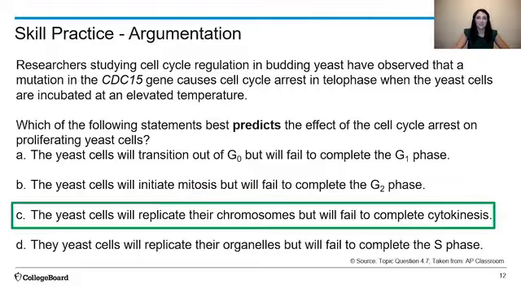And the correct answer choice here is answer choice C. The yeast cells will replicate their chromosomes, but will fail to complete cytokinesis. We know this is correct because replication of chromosomes happens during interphase, which is before telophase. And so that would have already occurred if we've made it all the way to telophase. But cytokinesis happens after telophase, and so we would fail to complete that step if the cell has stopped in telophase.